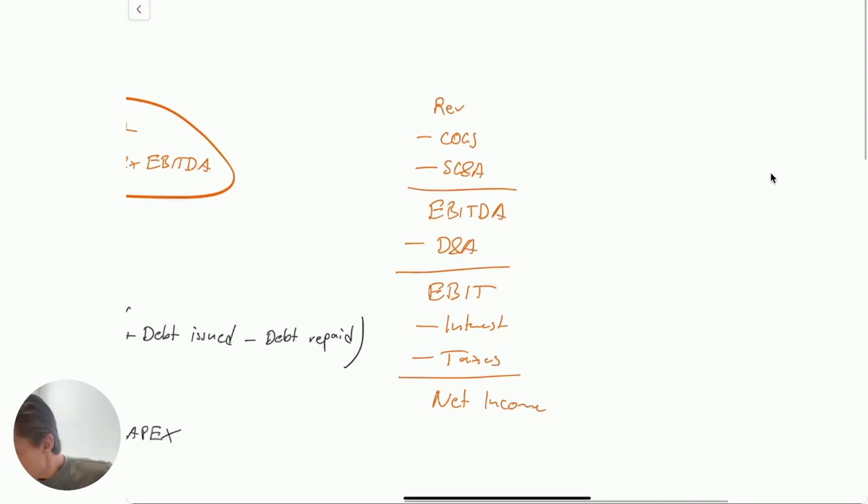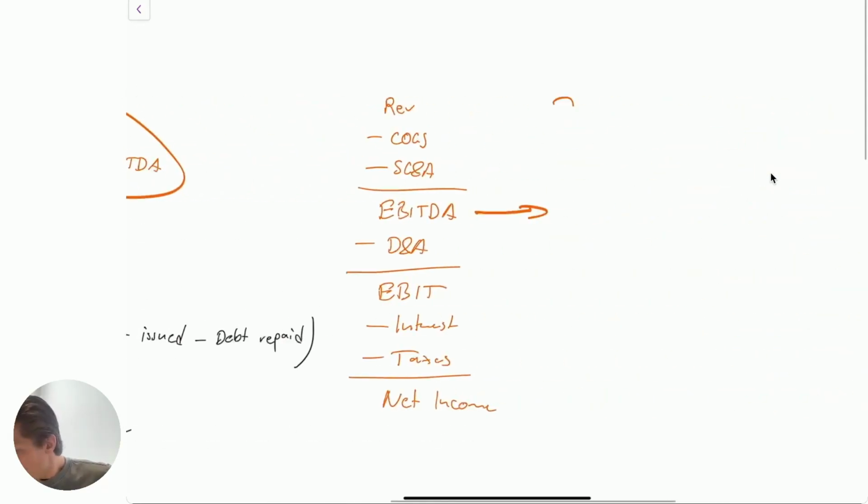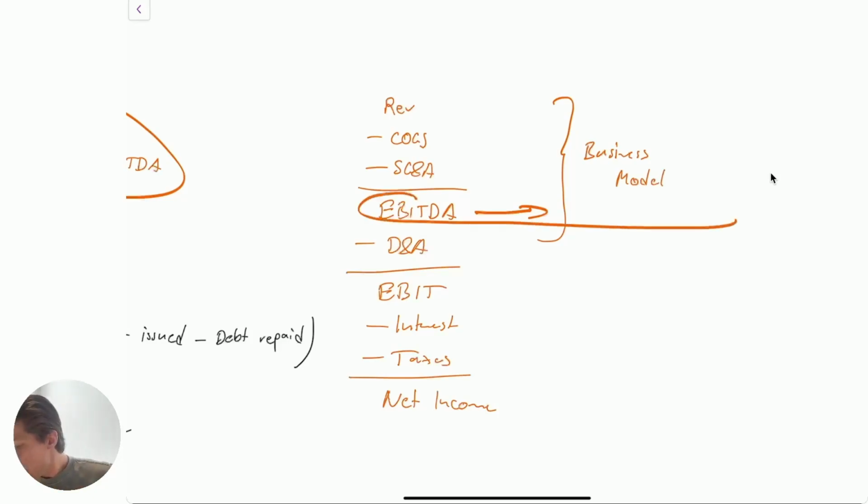So we are taking this number here and do a kind of approximation, because up to here, this gives you an indication whether the business model works. And here there are no accounting effects. It's purely operational. So this is basically in finance your operational performance.